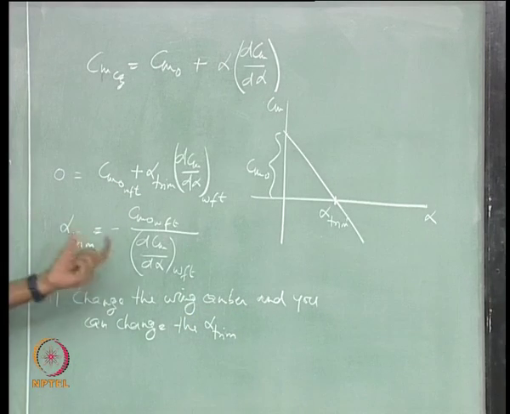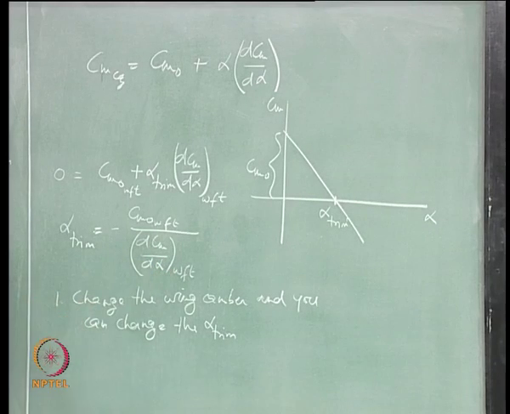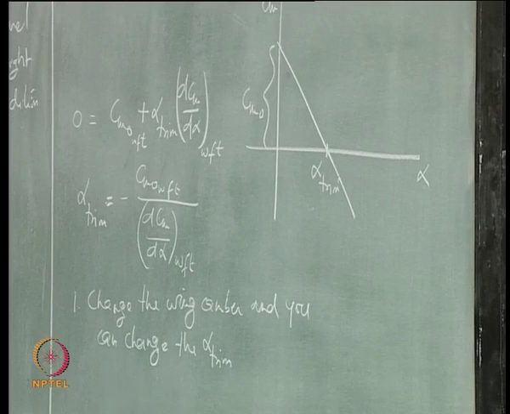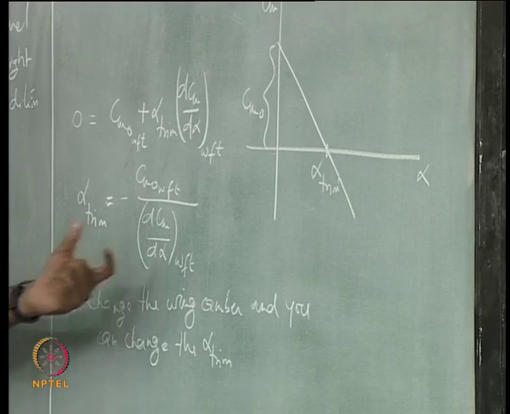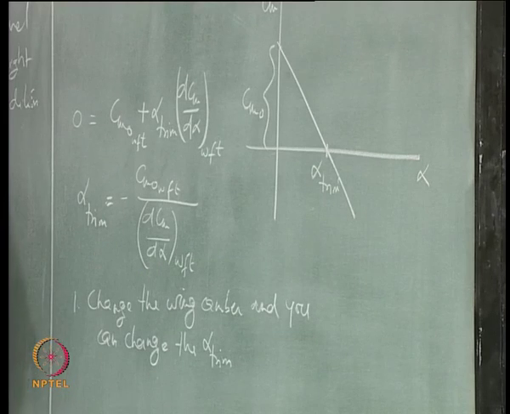Okay, it would be wrong to say that it will not have any effect on the stability, because when you are changing the wing camber, you are going to disturb the flow field behind the wing, right, and through the downwash, this stability is going to get affected, right.